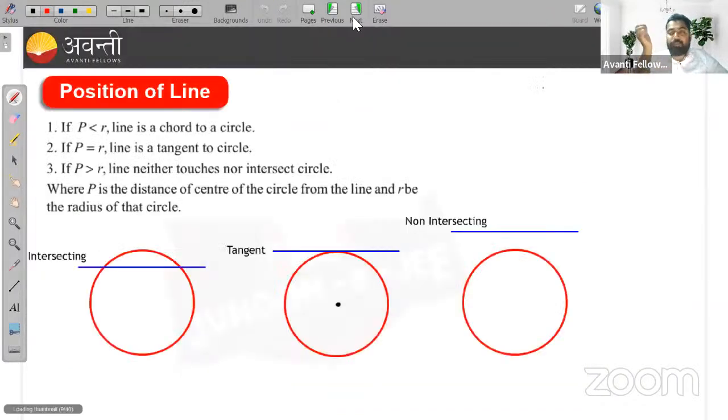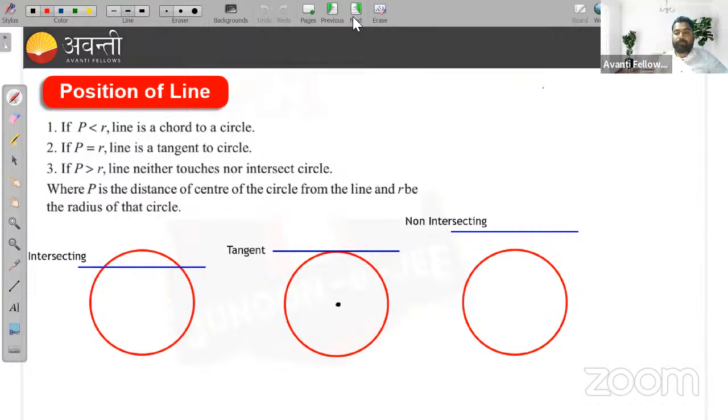Position of a line with respect to the circle. I already derived all the things, right? Just position of a line.